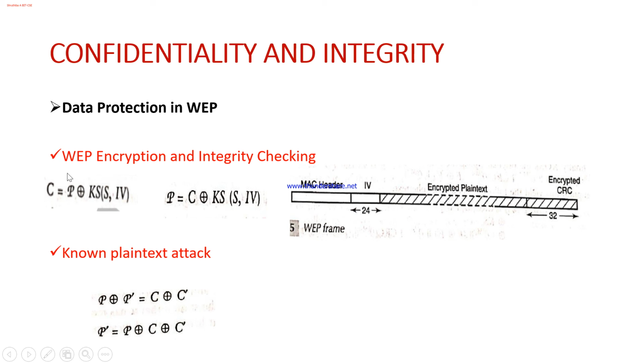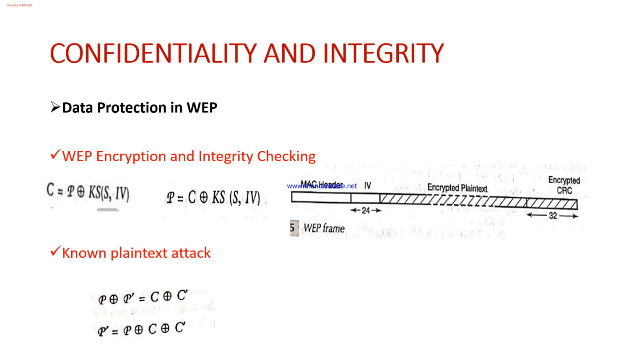It's a tendency that we rely on reusing things rather than coming up with new ones, and the same thing happens here. The reason why the key stream should not be reused is that, as I mentioned before, the initialization vector is just 24 bits in length.